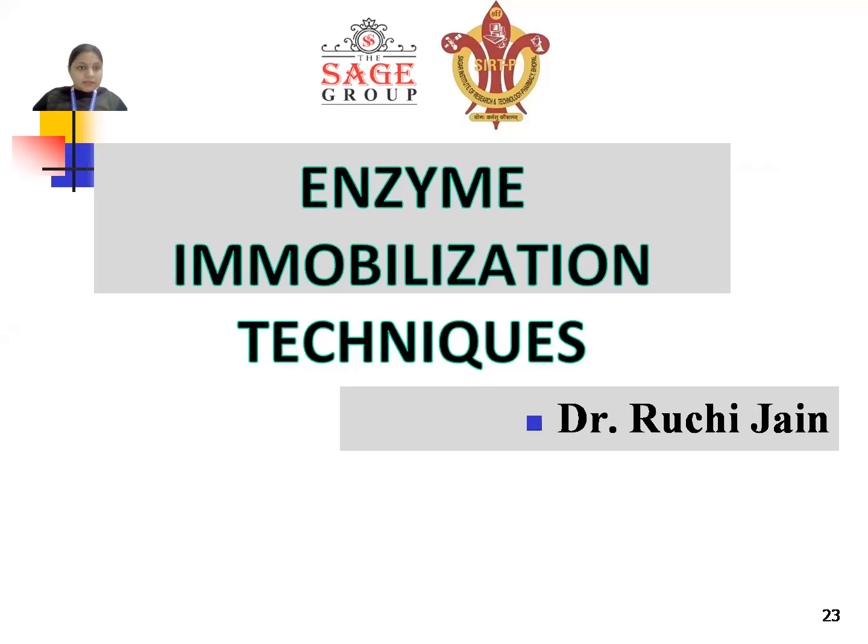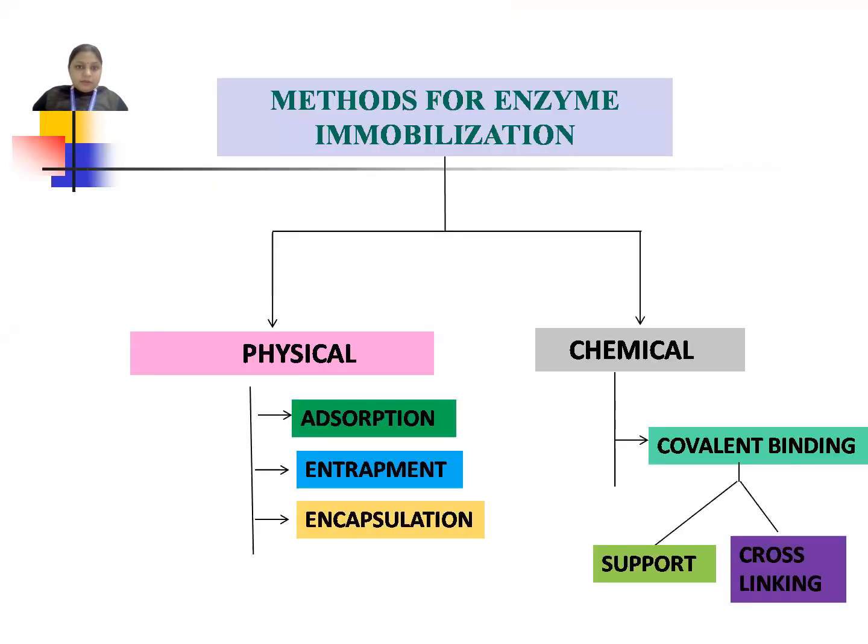In the previous class, we saw the introduction to enzyme immobilization, and today we will see the enzyme immobilization techniques. The enzyme immobilization techniques are basically divided into two types. First one is physical and second one is chemical. Physical is again divided into adsorption, entrapment, and encapsulation type of methods.